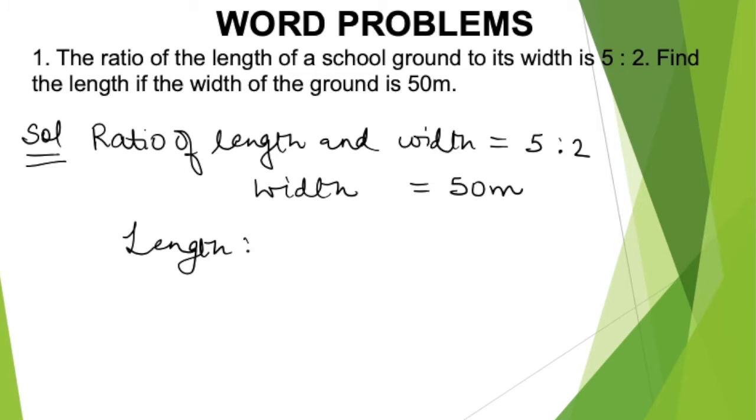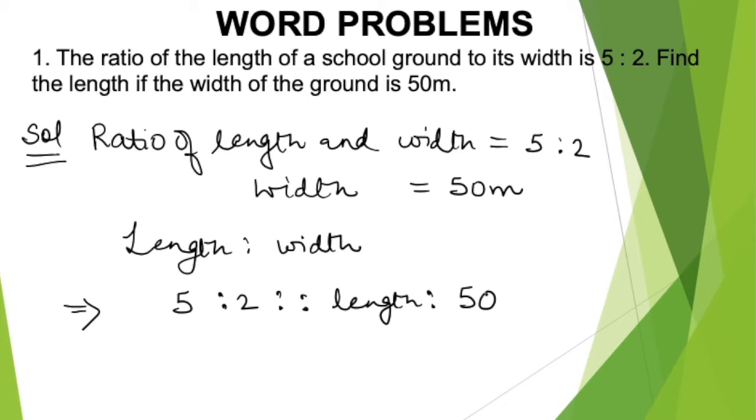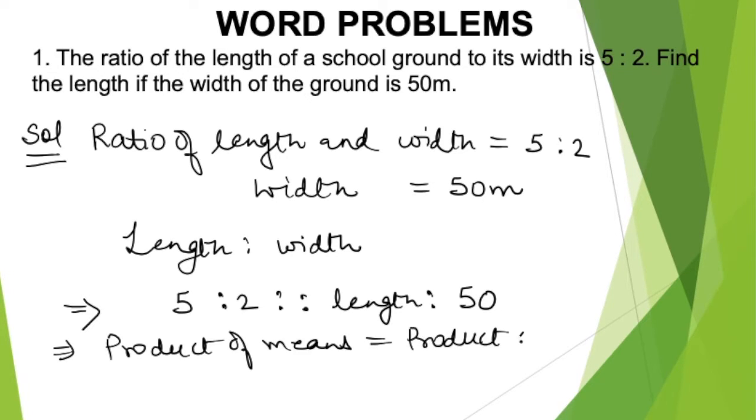Now clearly, when we take the ratio of length and width, we can compare them and express it in the form of proportion. Length ratio width can be written as 5:2, which is proportionate to the value of length and the value of width, which is given as 50 meters. Now here, since the terms are in proportion, we can apply the property: product of means is equal to the product of extremes.